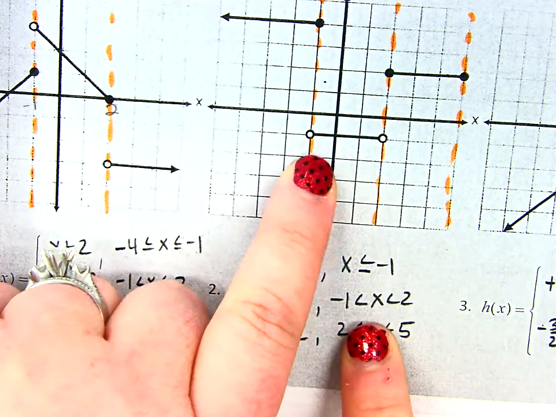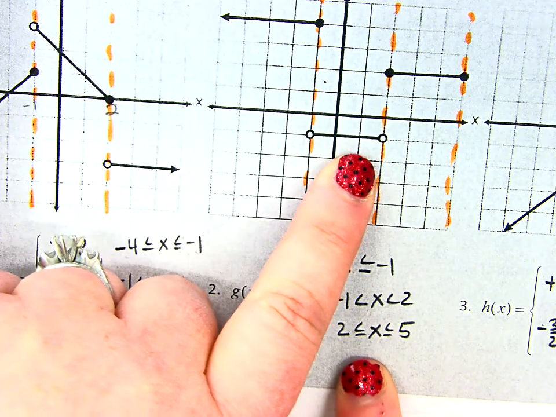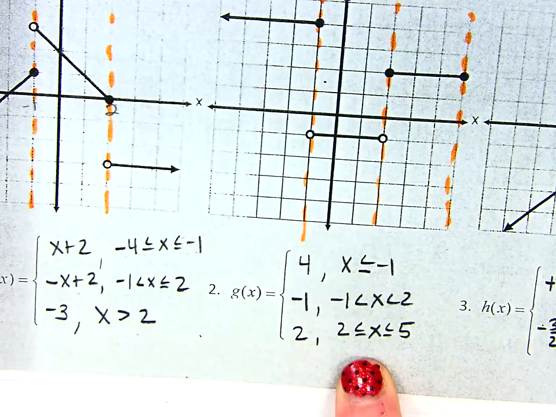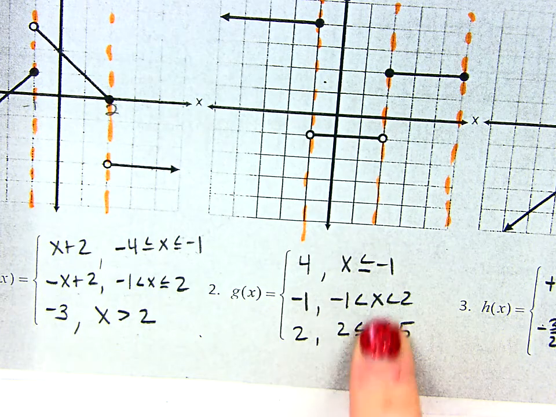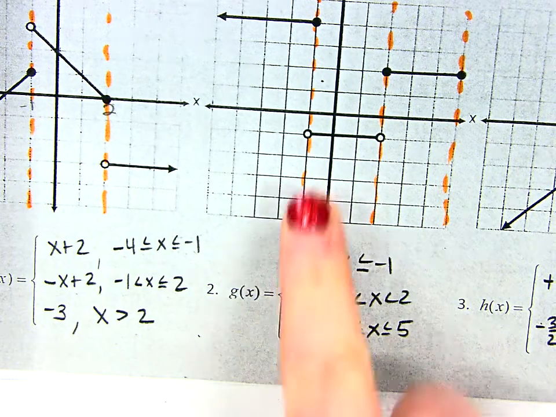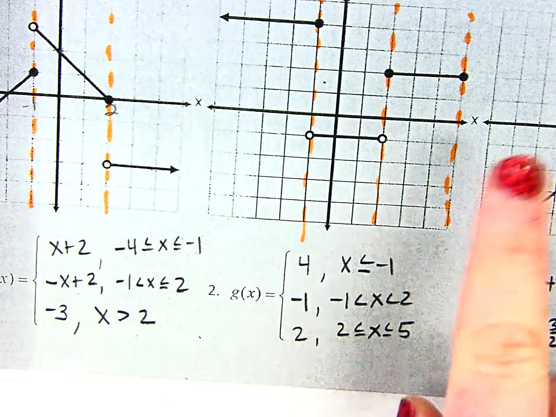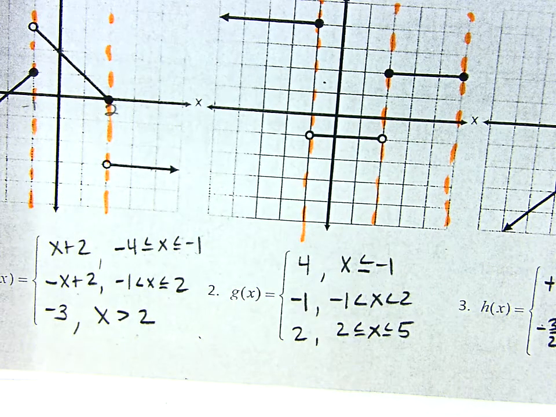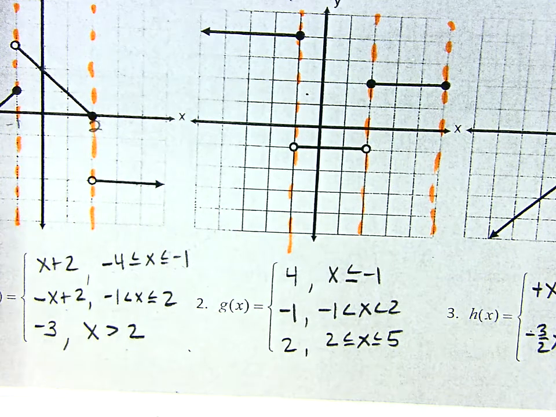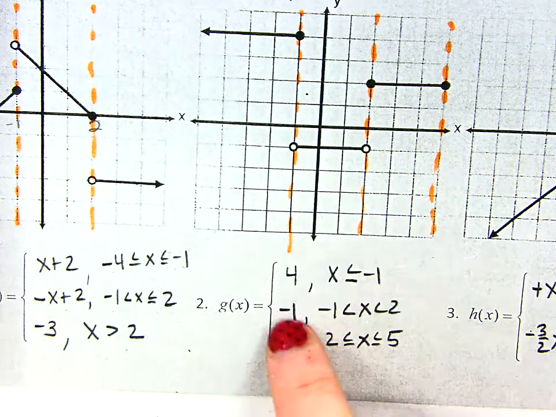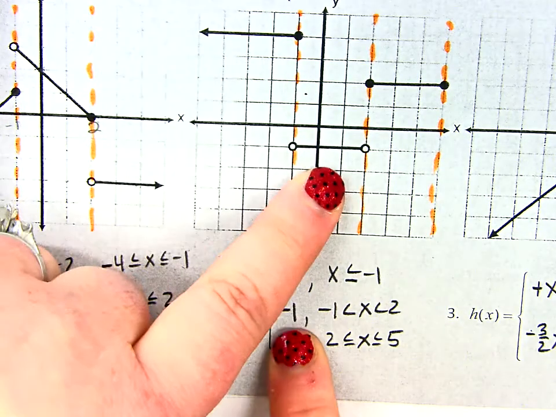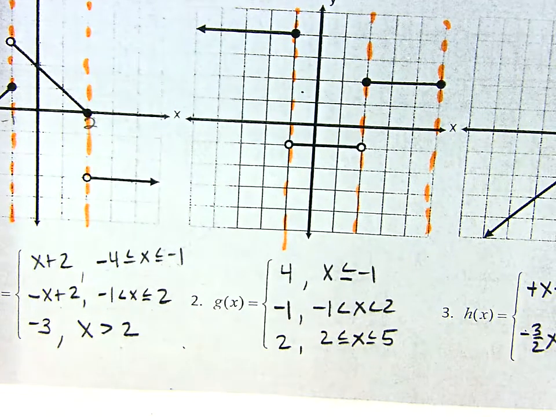This guy is existing in between -1 and +2. And then this guy only goes from 2 to 5. So there's my first boundaries. I double check that the middle guy has both ends open. Yeah, okay, everything looks good. And then I just pop in my equations. They're 3 horizontal lines, so I just pop them in. 4, -1, and +2.